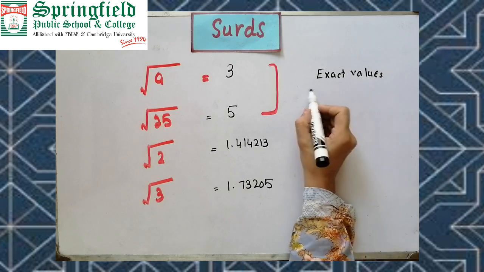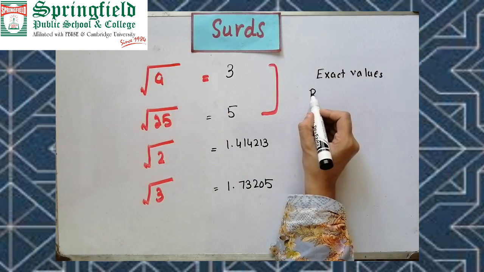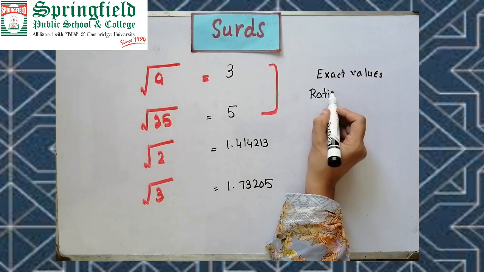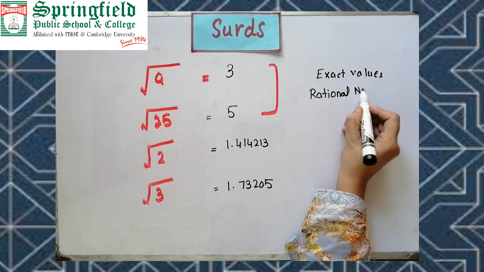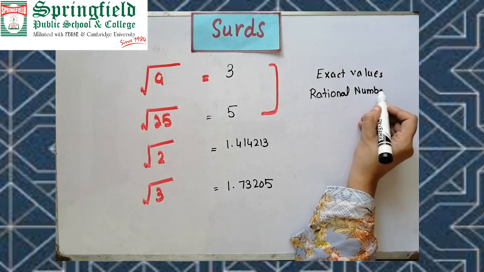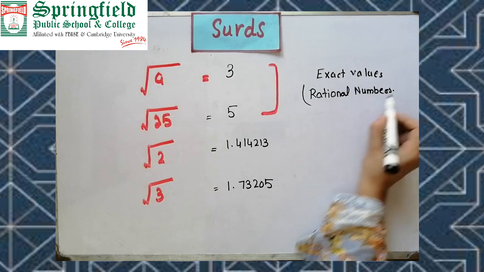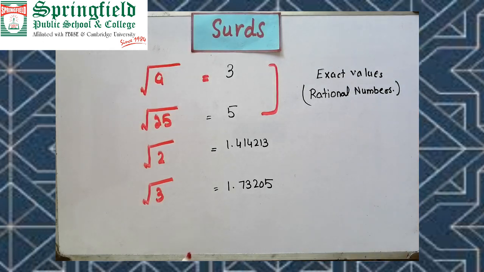Or you can say that these numbers are rational numbers. So under root 9 and 25 are rational numbers. Fine?